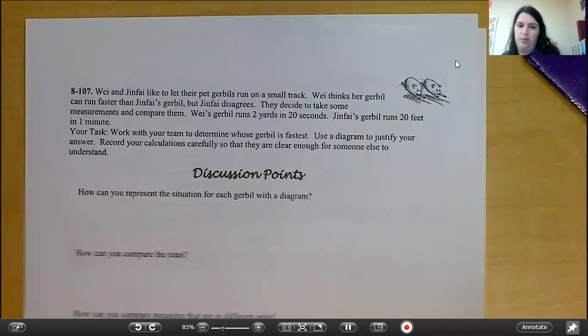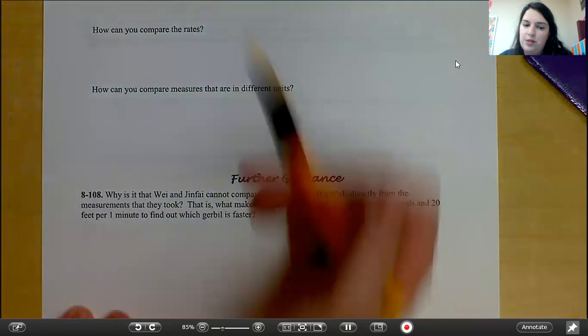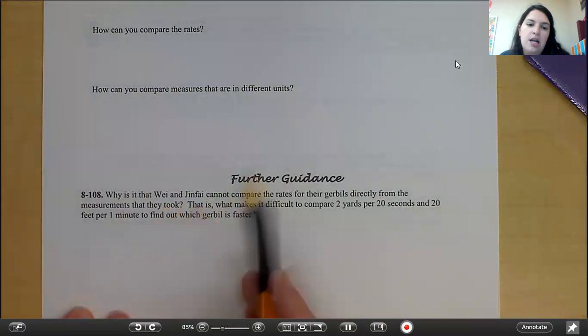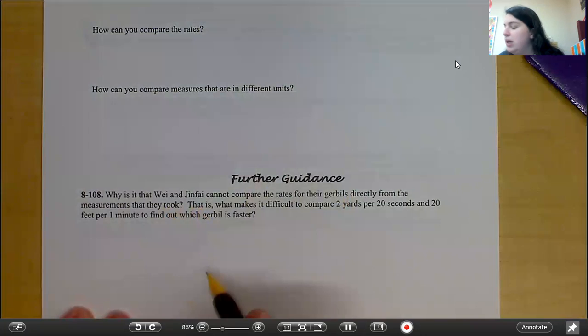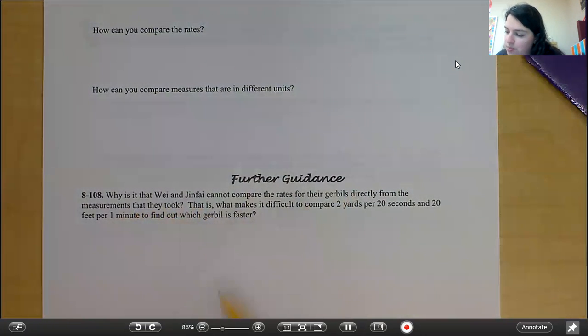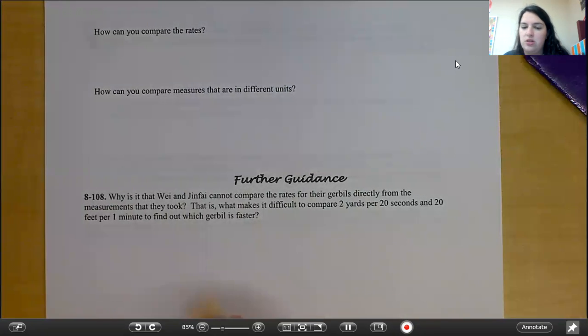So flip over to problem 8.1.08. In the previous problem, 8.1.07, you were introduced to Wei and Jinfei. They are gerbils, and we will pick up here. 8.1.08, why is it that Wei and Jinfei cannot compare the rates of their gerbils directly from the measurements that they took? That is, what makes it difficult to compare 2 yards per 20 seconds and 20 feet per 1 minute to find out which gerbil is faster?